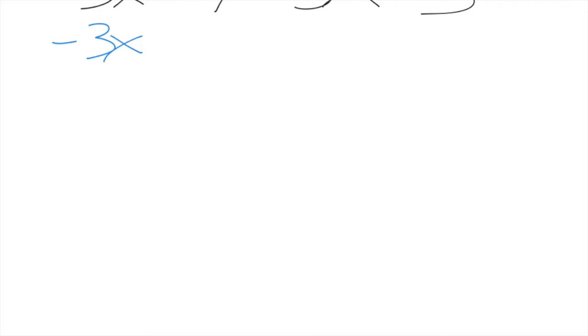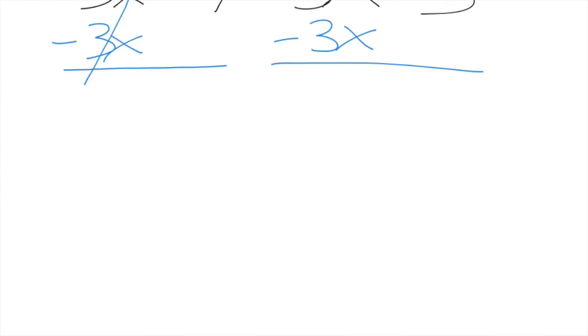When you do that, the 3x and the negative 3x cancel out, and I get 7 equals, what's 5x minus 3x? 2x, and then I get minus 3.